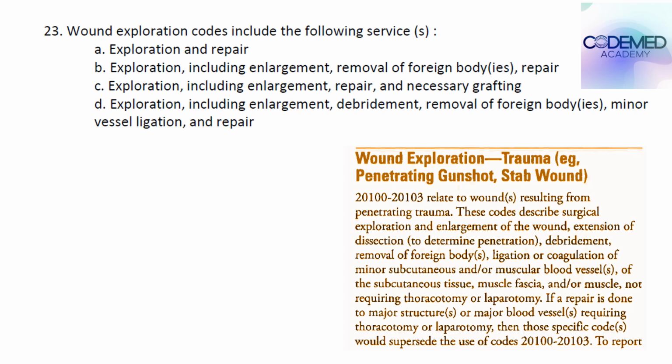This code describes the surgical exploration and enlargement of the wound, extension of the dissection to determine the penetration, debridement, removal of the foreign body, ligation or coagulation of minor subcutaneous and muscular blood vessels of the subcutaneous tissue, muscle fascia and the muscles, not requiring a thoracotomy or laparotomy.